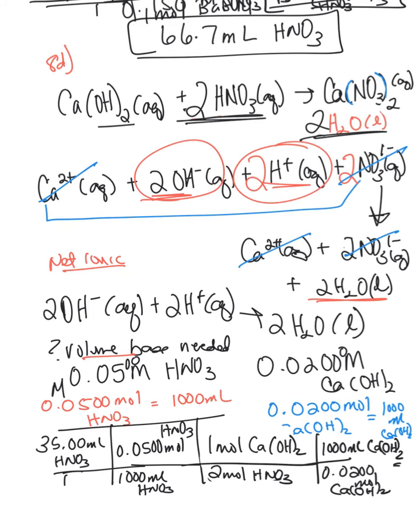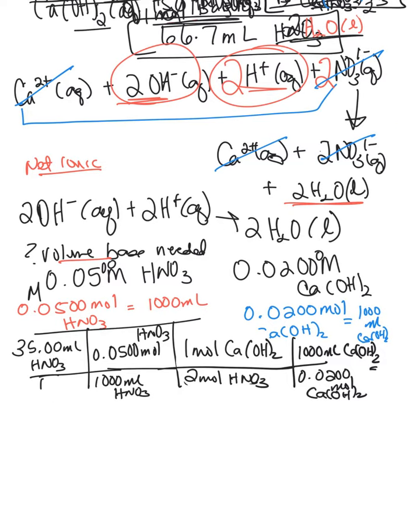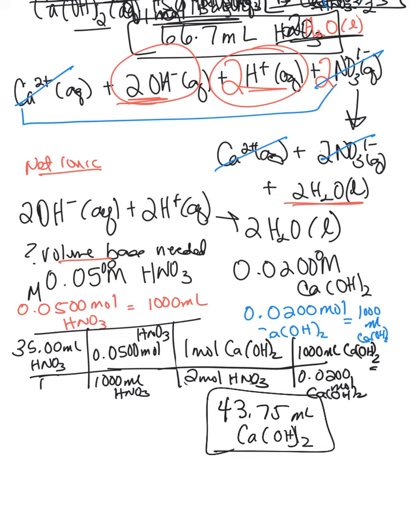When you put that in your calculator, you should get 43.75 milliliters of calcium hydroxide needed to titrate that.